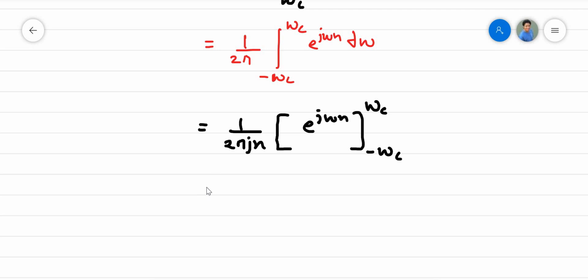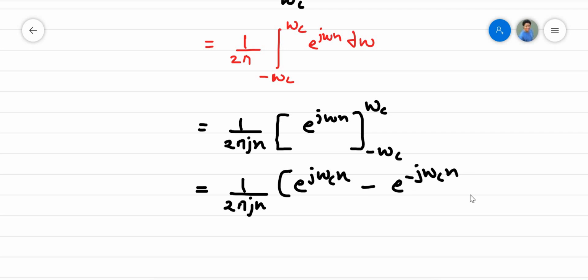Okay, and this will come out to be 1 by 2 pi jn, exponential j omega c n minus exponential minus j omega c n, right?